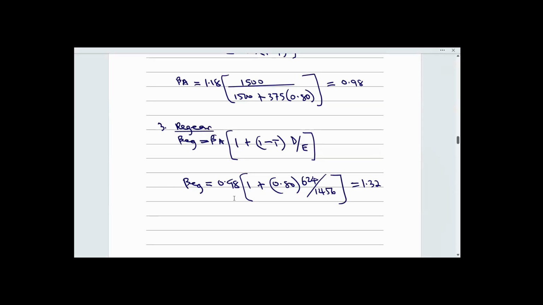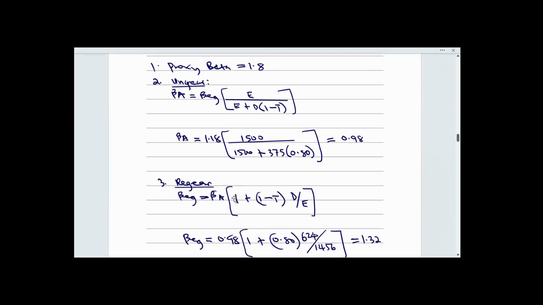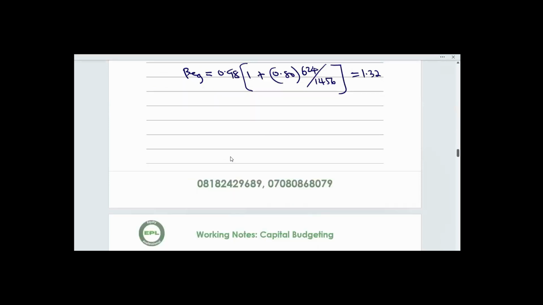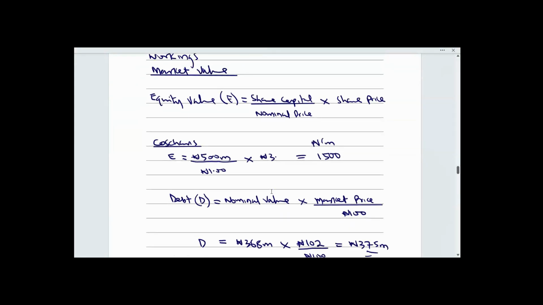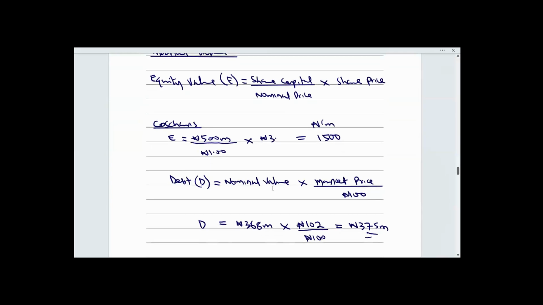Let's confirm that number again. Share capital, 500, correct.